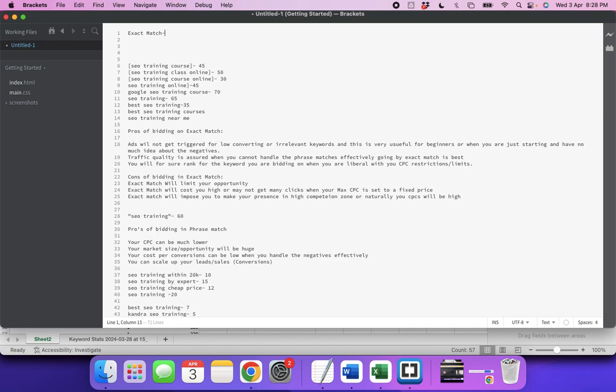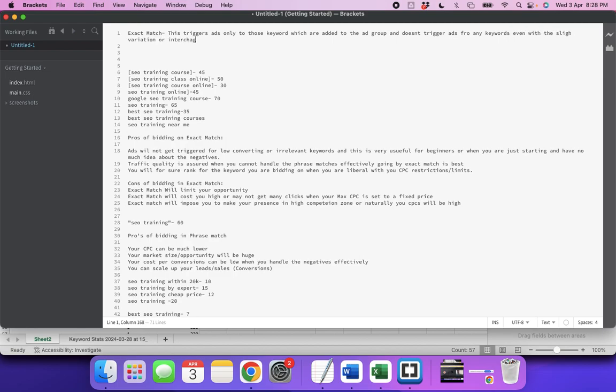Okay, so exact match: this triggers ads only to those keywords which are added to the ad group, and doesn't trigger ads for any keywords even with the slight variation or interchange of the terms or words in the keyword.